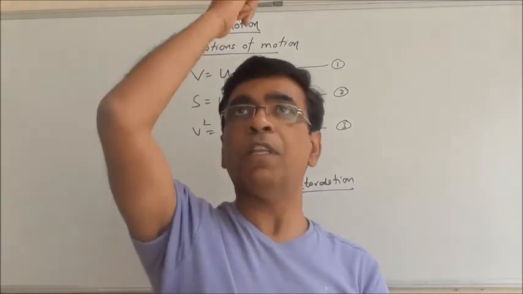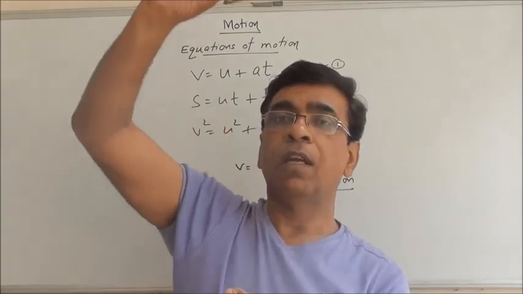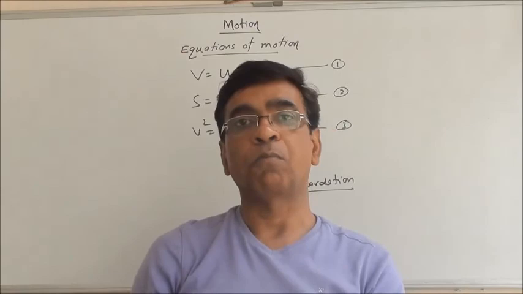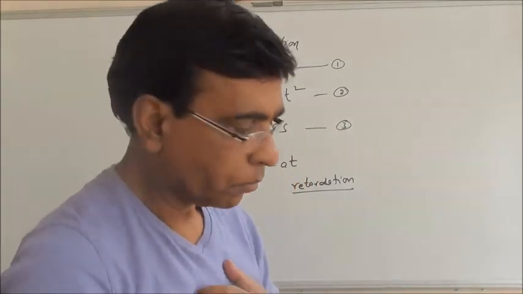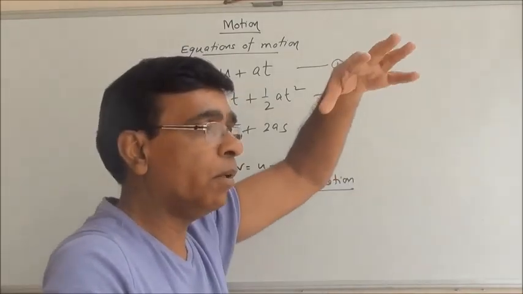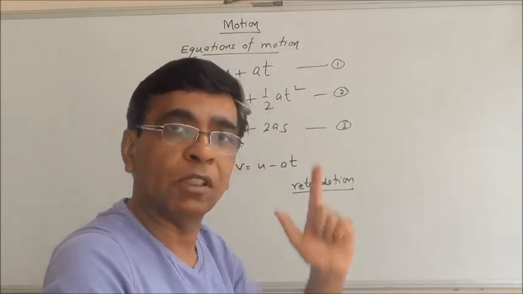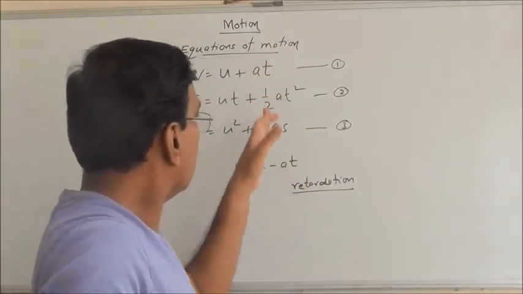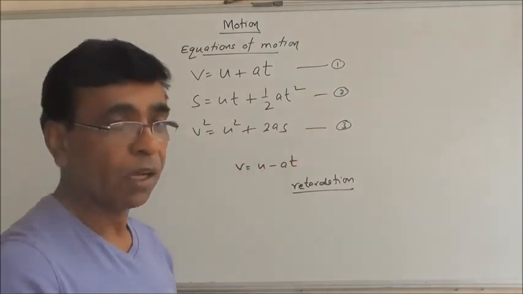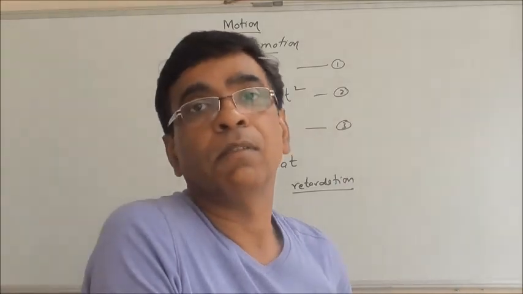So when I throw some body in the upward direction, it has some initial velocity, gradually it keeps on decreasing, at the highest point it is 0 and then it starts coming down. So there are certain quantities which you have to keep in mind. Dropped, velocity will be 0. Thrown up, highest point, velocity is 0. Speed decreasing, acceleration negative. And these equations are valid only when the acceleration is constant.